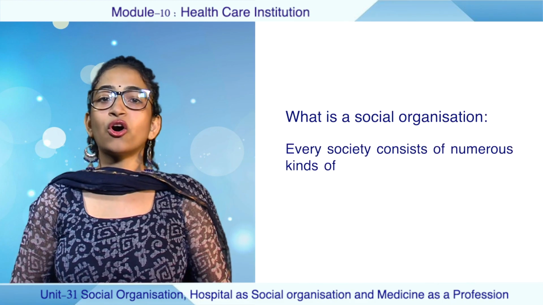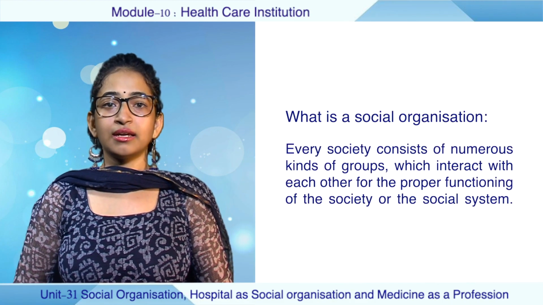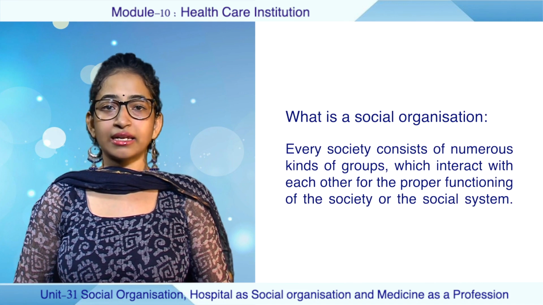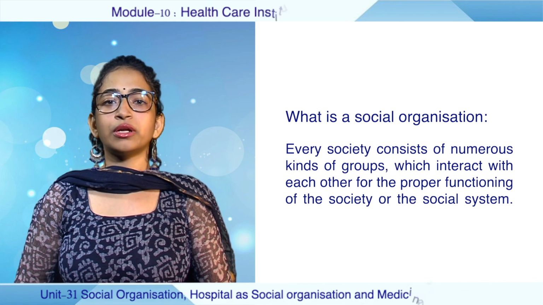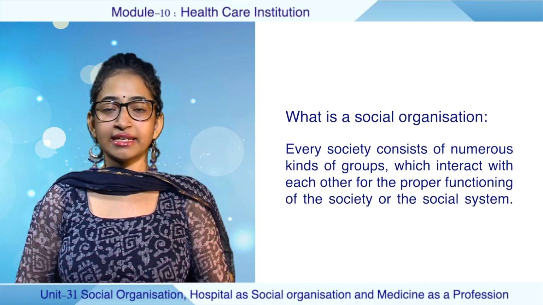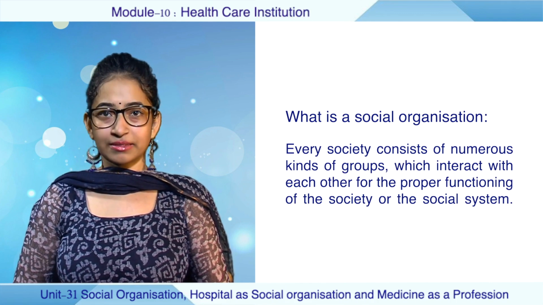Now, let us begin by understanding in detail the meaning of social organization. As we all know, every society consists of numerous kinds of groups which interact with each other for the proper functioning of the society or the social system.